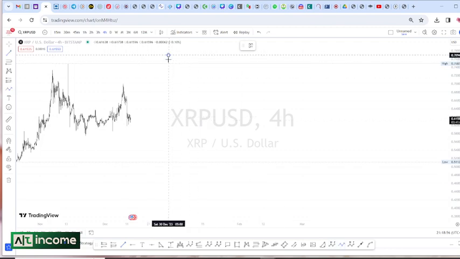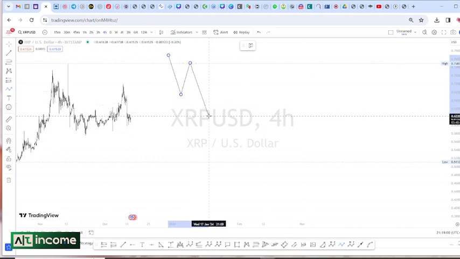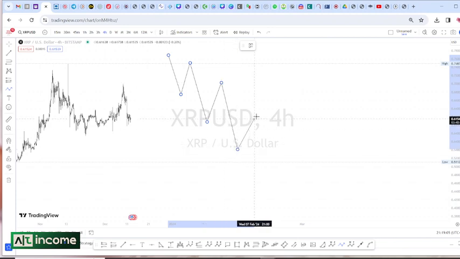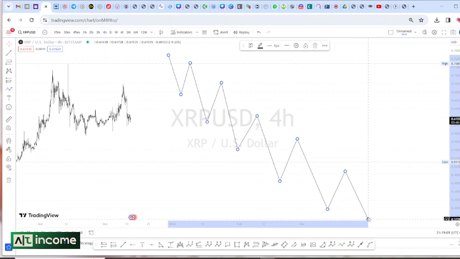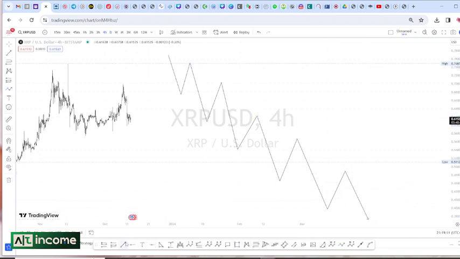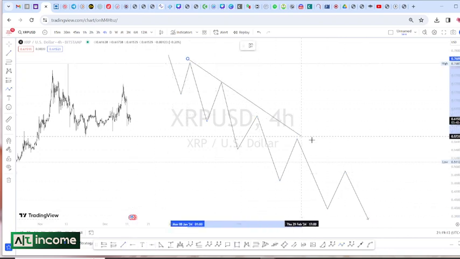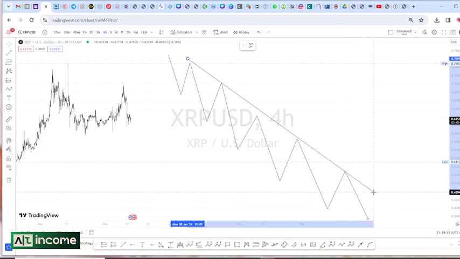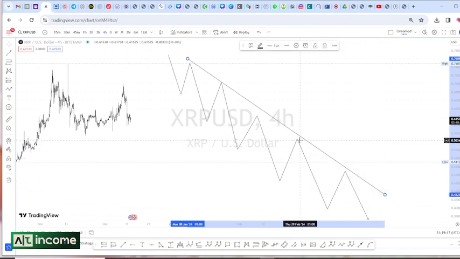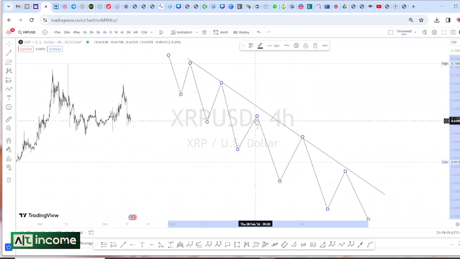So for a bearish trend we have a low, then lower high, lower low, lower high, lower low, lower high, lower low, lower high, lower low. Then if you want to connect it, you just need to connect the two lines together. You can see this. Then at the third touch you can definitely sell.